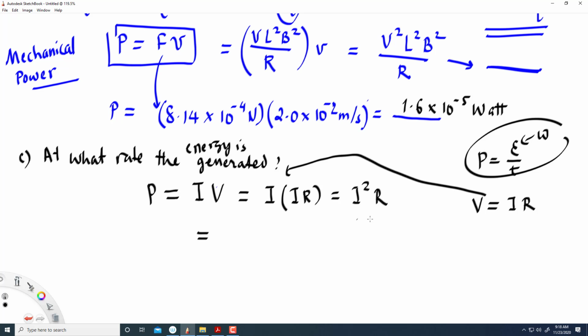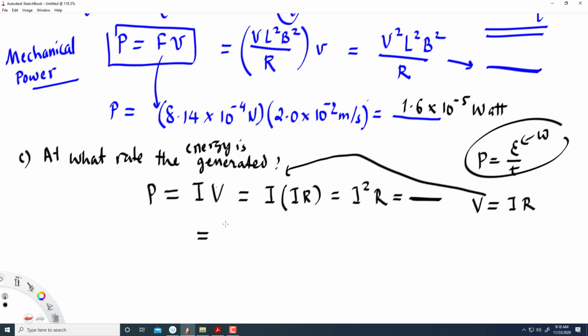Now you can substitute your I and R here, but I will do one more thing. You can plug in the numbers here and get the answer, but I want to show you one more thing. That's not necessary, but just for the verification of something. So we have I. What's the expression for I that we got? You guys tell me the expression we got for I. No, not that one.